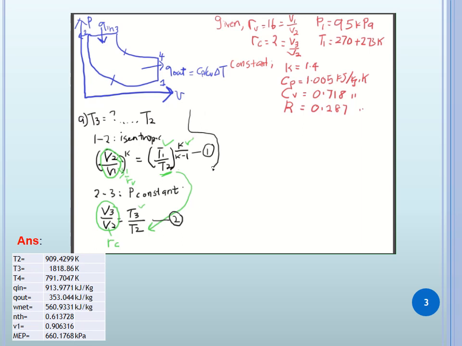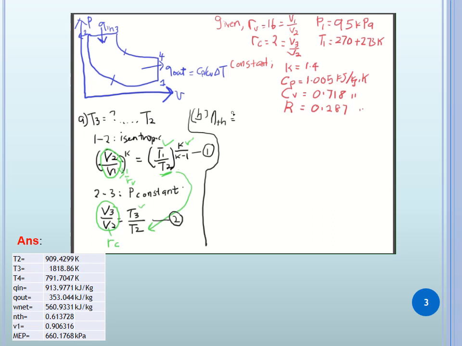Question number A. Okay, now question number B wants us to find the thermal efficiency. You can also use the thermal efficiency given by the formula of compression ratio and cut-off ratio.